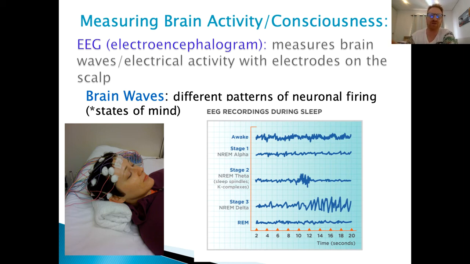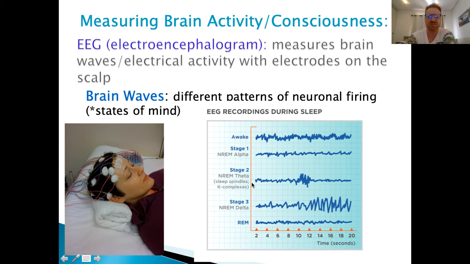Those brain waves are almost like a signifier of a state of mind, almost like a type of consciousness you could think about. When you're awake, we've got a lot of erratic brain activity. But as you get into stage one, you have a little bit less brainwave erraticism. It starts to fall into more of a pattern called alpha waves.